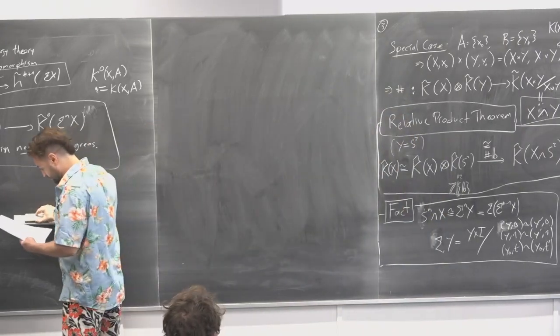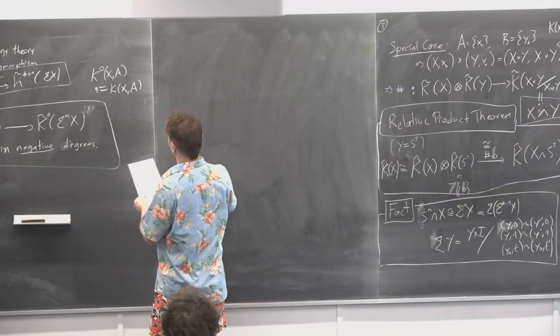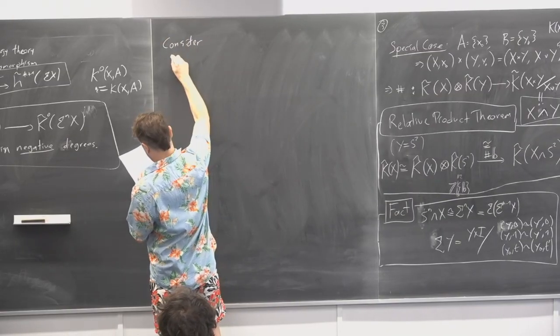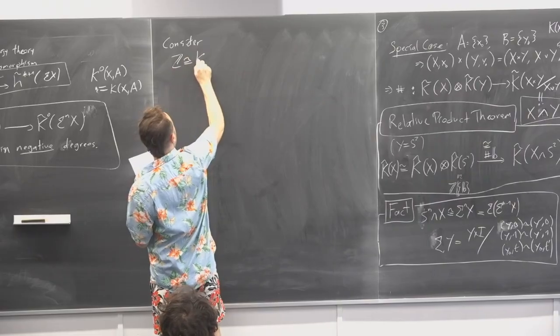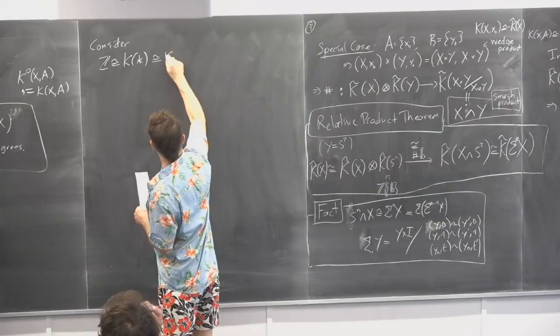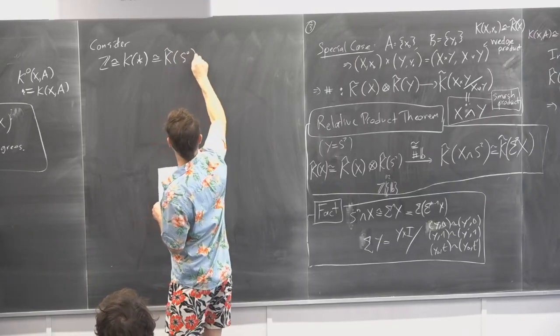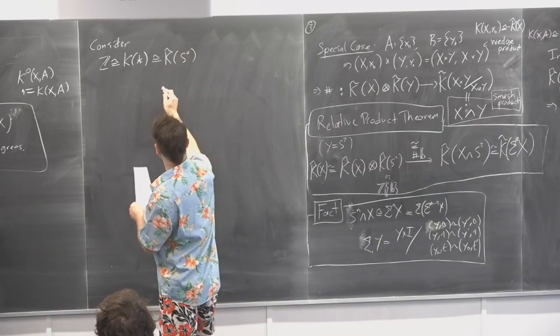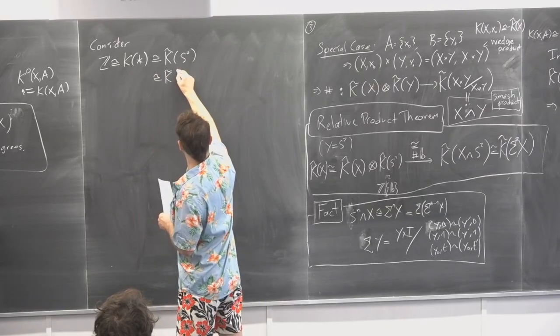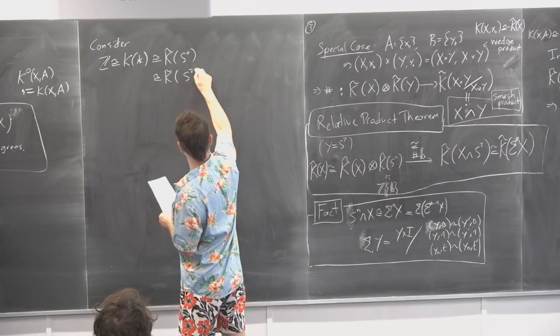And this is implemented the following way. Remember we had our regular K-theory of a point, which is Z. This is the reduced K-theory of S0. By Bott periodicity, this was equal to the reduced K-theory of S2.